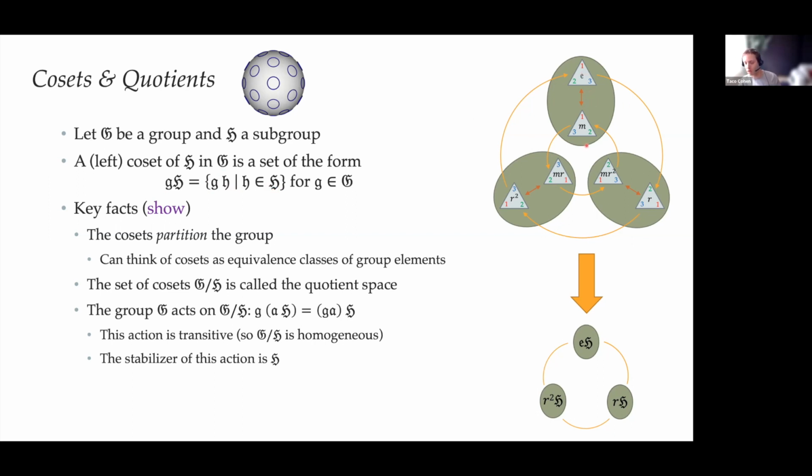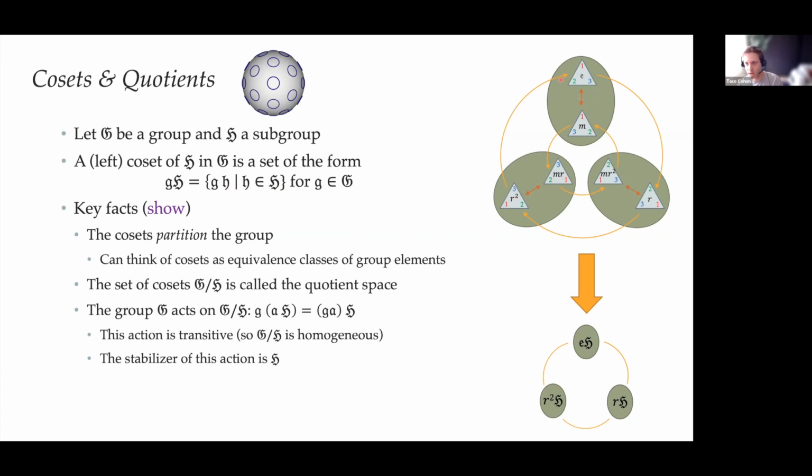You have our group of symmetries of a triangle with flips and rotations, and we can consider the subgroup H consisting of flips, mirror transformations, so the identity and the mirror transformation, or the mirror combined with rotation, or R squared.